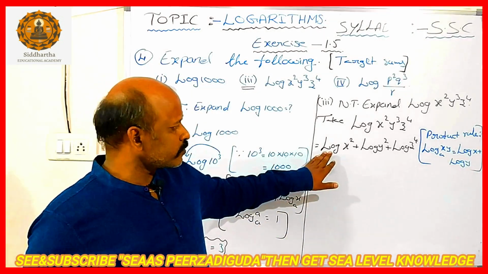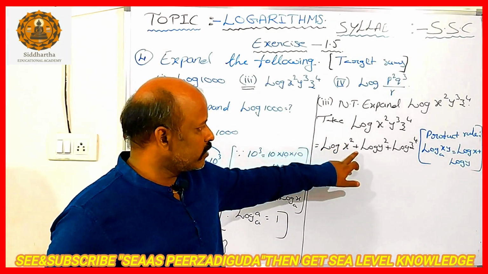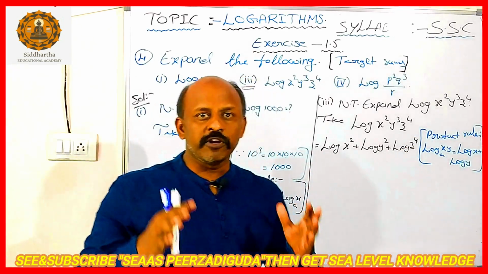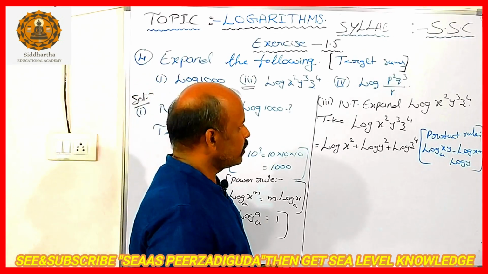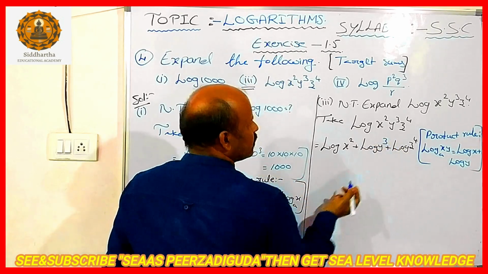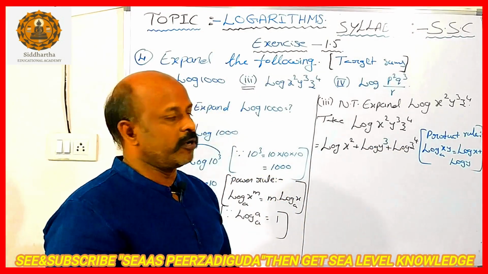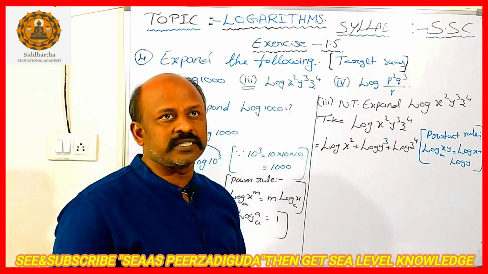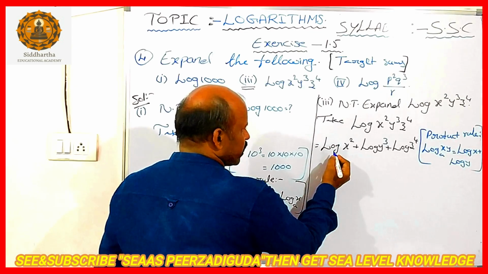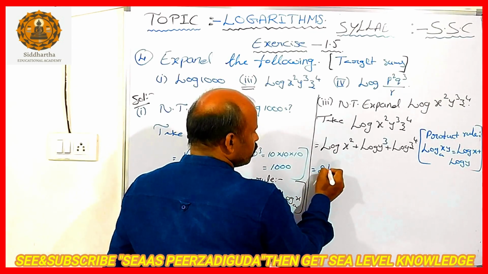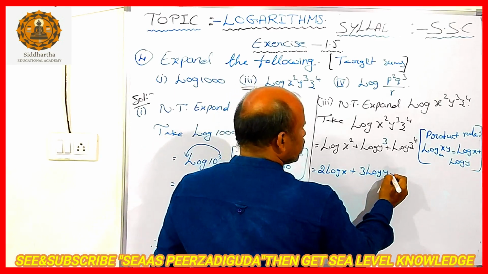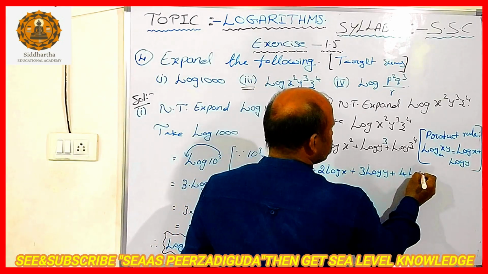When we are observing log x square plus log y cube plus log z power 4, we must get the idea of power rule. It is x square, power formation is there, so we must get the idea of power rule. So what should we do here? This one I am going to write in the form of 2 log x plus 3 log y plus 4 log z.